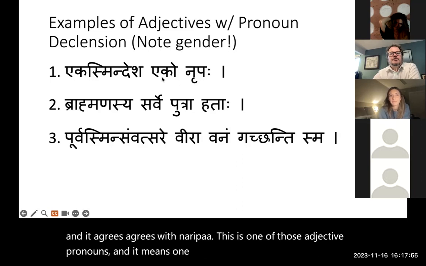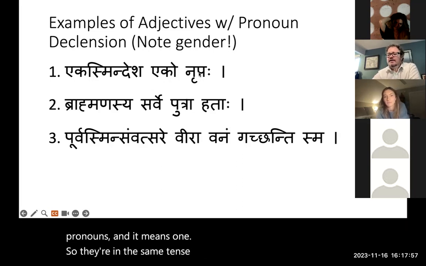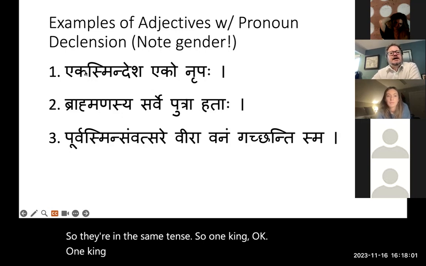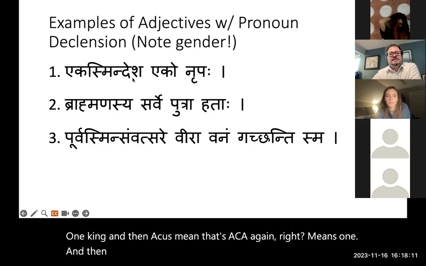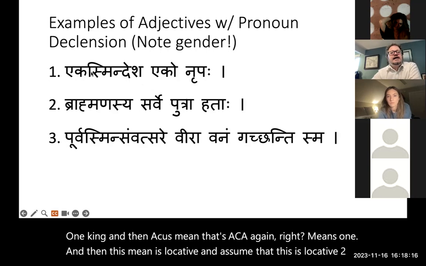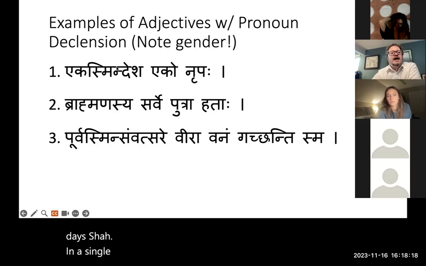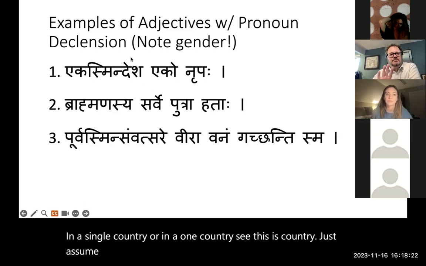Yep. So they're in the same case. So one king. Yep. And then ekasmin, that's eka again, right? Means one. And then the smin is locative. And assume that this is locative too. Desha, in a single country or in one country. See, this is country. Just assume that's deshe. Just play with it as locative.